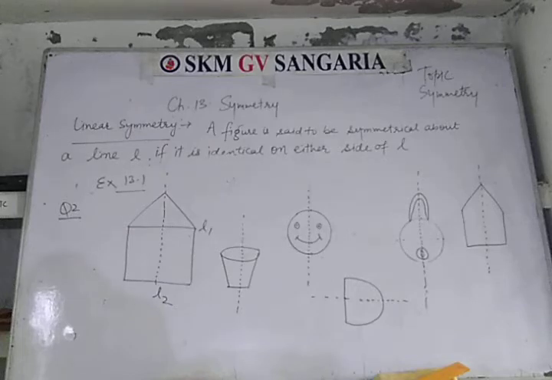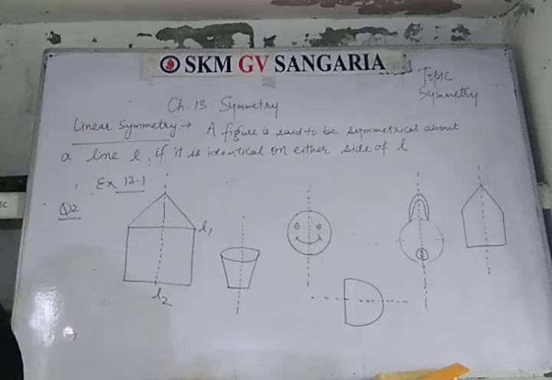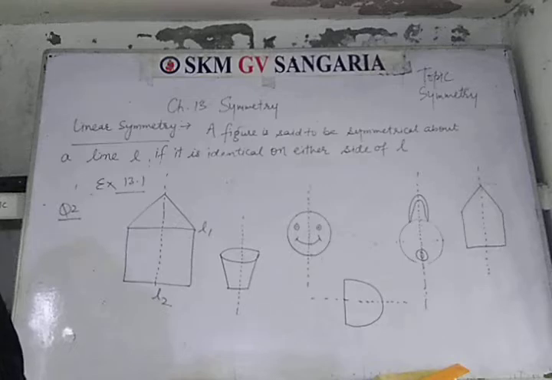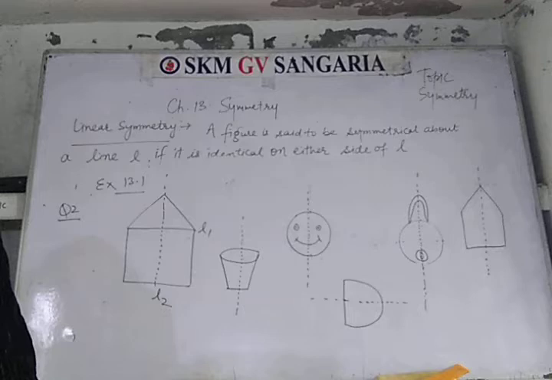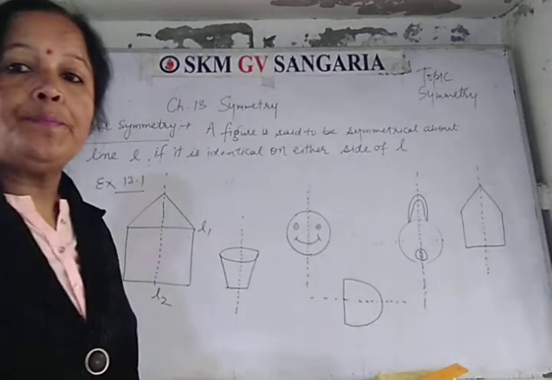Then question number 4. Copy the following on squared paper. Squared paper is what you would have used in your arithmetic notebook in earlier classes. Then complete them such that the dotted line is the line of symmetry. So half the part is already drawn and you will complete the other part.